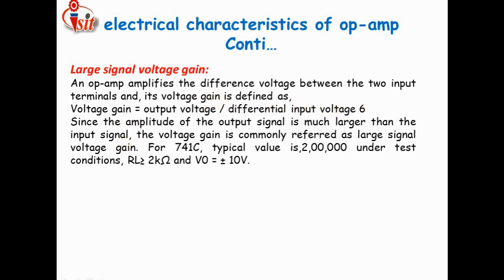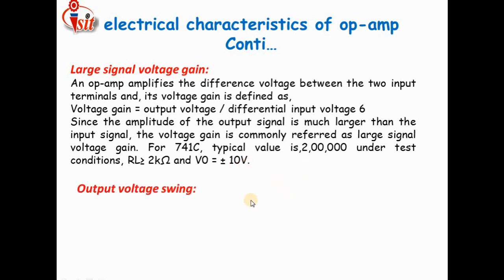Since the amplitude of an output signal is much larger than the input signal, the voltage gain is commonly referred to as large signal voltage gain. For 741C, typically the value is like this, under the test condition RL greater than or equal to 2 kilo ohm and V0 equal to plus or minus 10 volt.